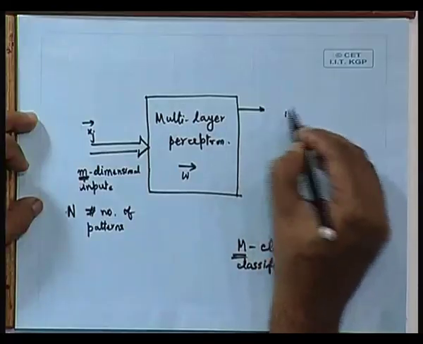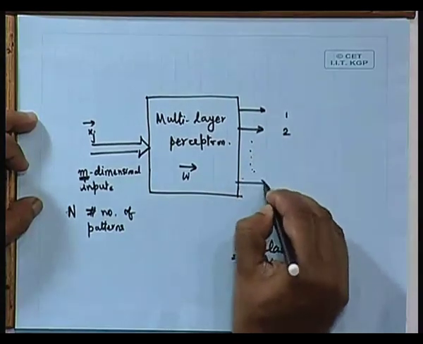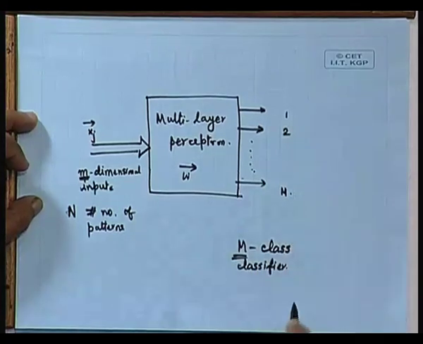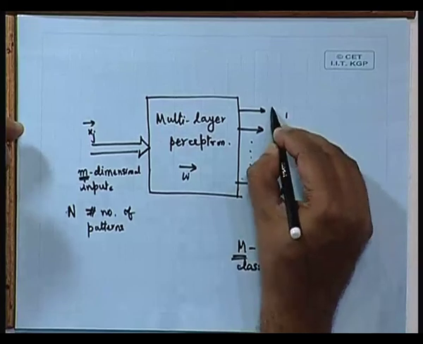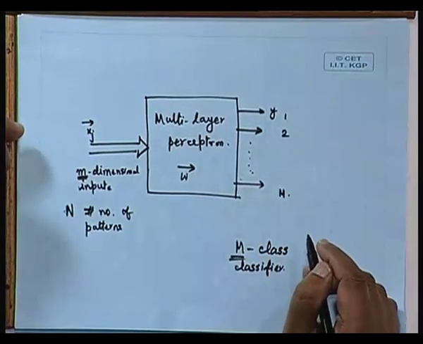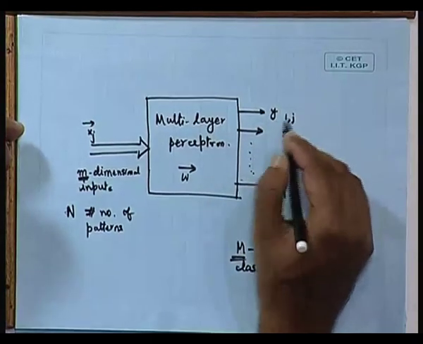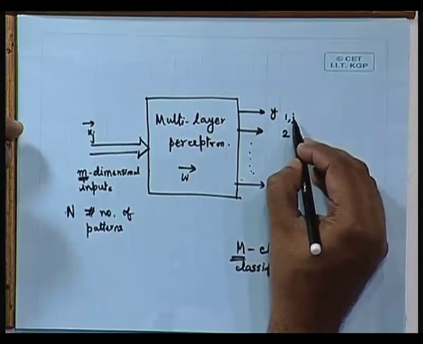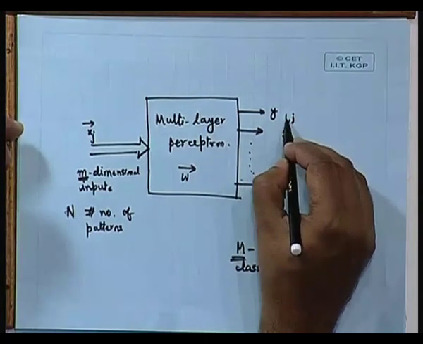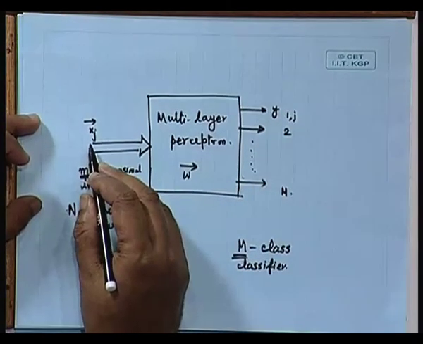We can denote the outputs as number 1, 2, etc. up to m over here. The outputs that we are generating will be indicated by y. So the first one we should write as y 1 comma j, and why comma j? Because that is the output of 1 in response to the pattern x of j.